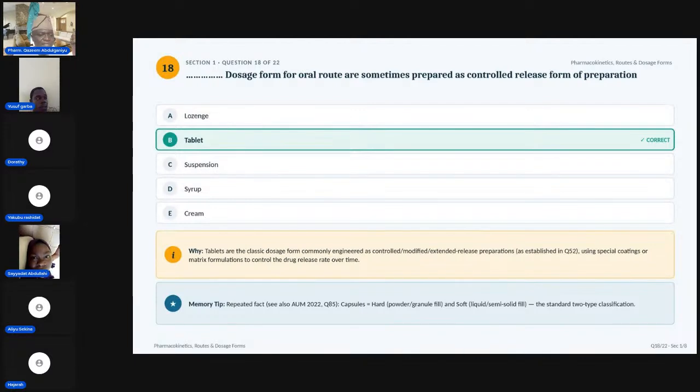But tablets, you remember, some of you would have come across nifedipine XL before, right? Some of you would have come across nifedipine retard before. Retard. So those are modified release, like the way we saw it in the other question. Modified release kind of question of tablets. So it's only tablet that can have that.